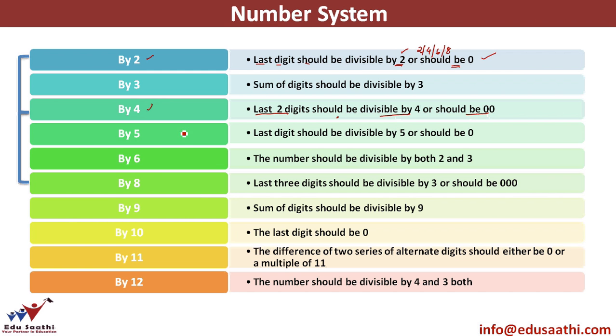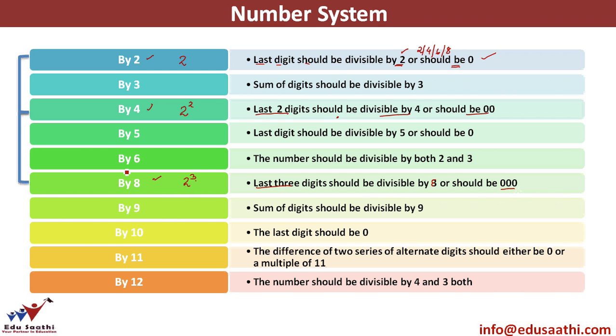Similarly, if I have to check the divisibility by 8, which is 2 cube, this is with 2, this is with 2 square and this is with 2 cube. Since the power is 3, I will look at the last 3 digits and not at the rest of the number. If the last 3 digits are divisible by 8 or 000, the number is divisible by 8.